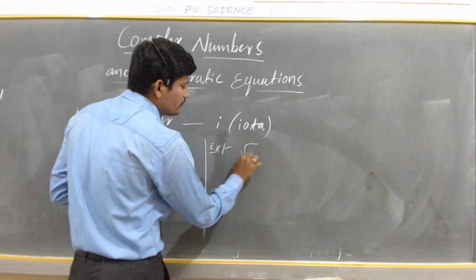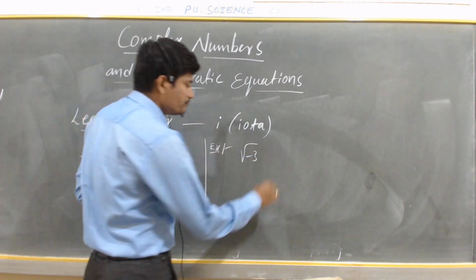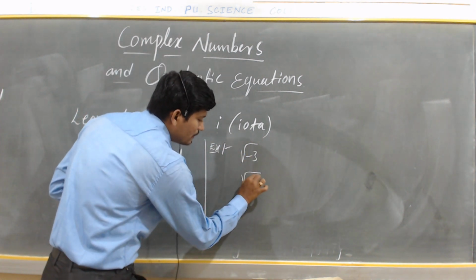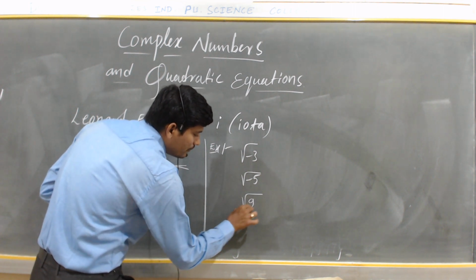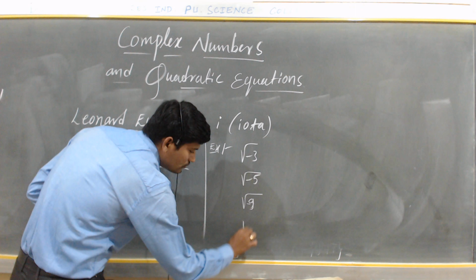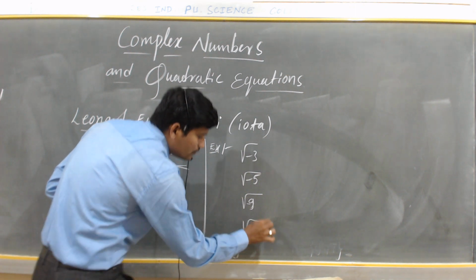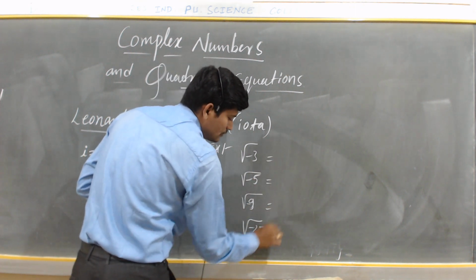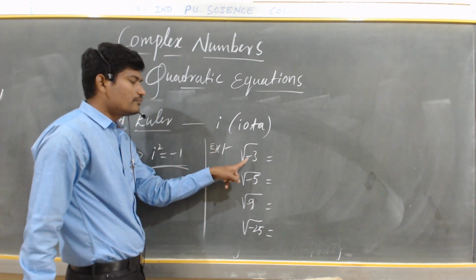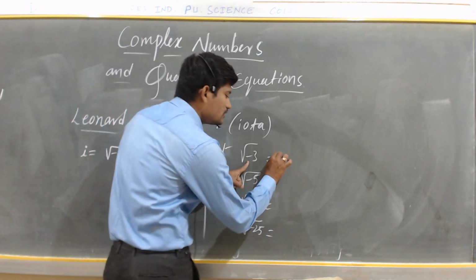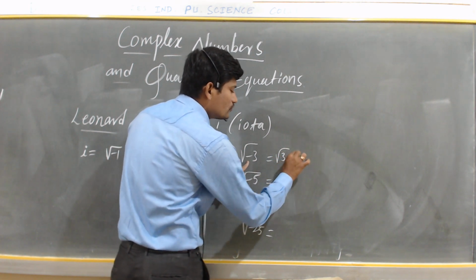Here square root of minus 3, square root of minus 5, square root of minus 9, square root of minus 25. Listen here, all of you, square root of minus 3 we can write separately as square root of 3 into square root of minus 1.